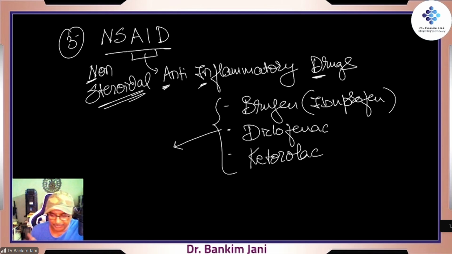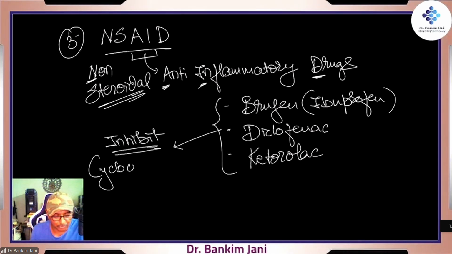I'll be very simple in this, that is what it will do. All these non-steroidal anti-inflammatory drugs, they inhibit. Inhibit means they stop. Right? What do they stop? There is something called cyclooxygenase. Cyclooxygenase, and where?